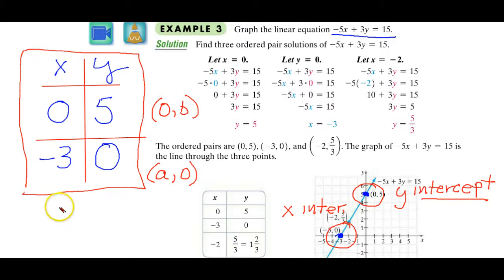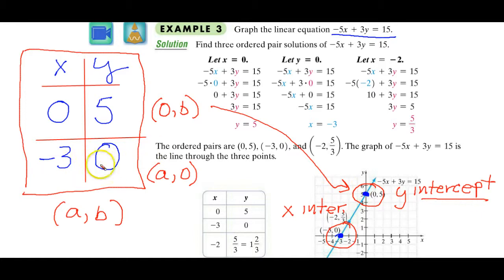We would also, I saw this earlier and I just didn't introduce it, that sometimes the ordered pair, instead of being written x, y, is written a, b. Again, still alphabetically, still an ordered pair. And when this is a 0, this is the y-intercept.